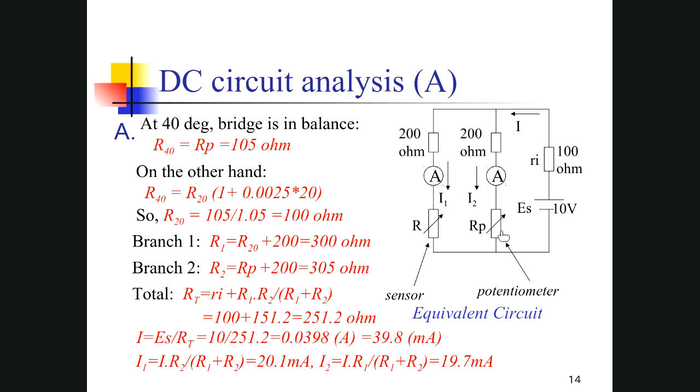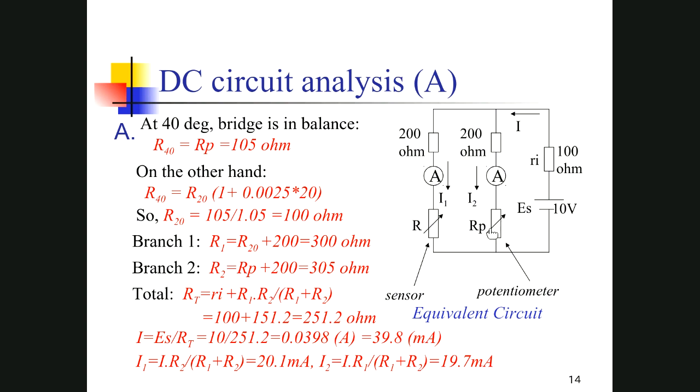Another branch is also a 200 ohm fixed resistor in series with a potentiometer. So this potentiometer actually is an adjustable resistor. So we can change the resistance here.